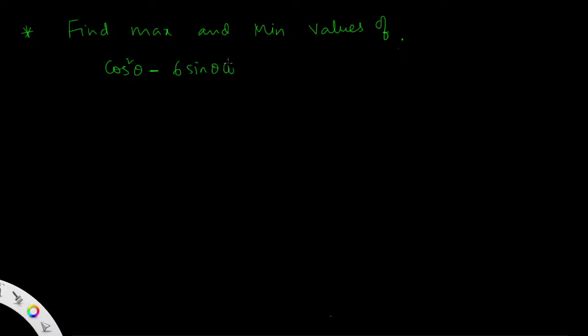Same concept. Find the maximum and minimum value of a past year question. The question is like this: find the maximum and minimum values of cos square theta minus 6 sin theta cos theta plus 3 sin square theta plus 2.